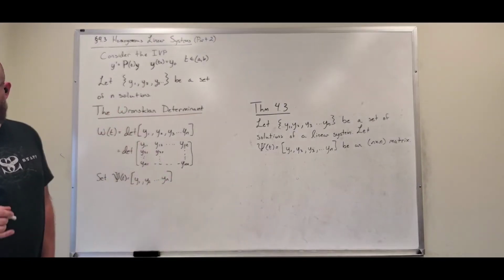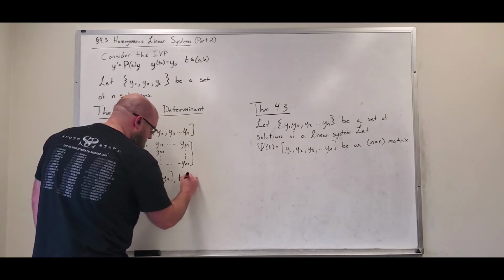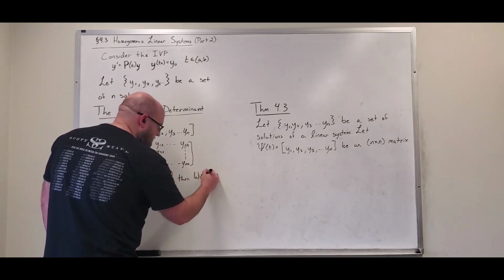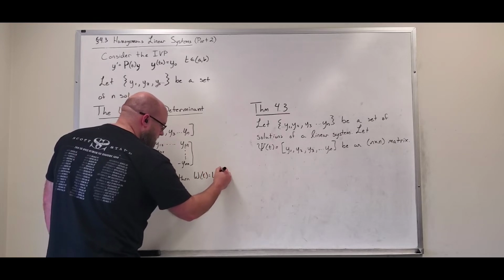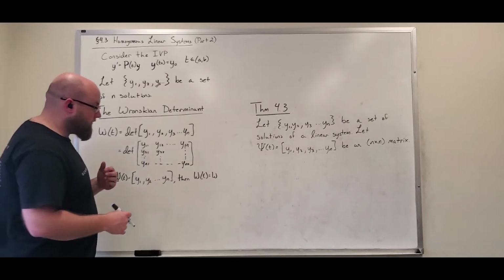That means the Wronskian of t is equal to the determinant of psi.